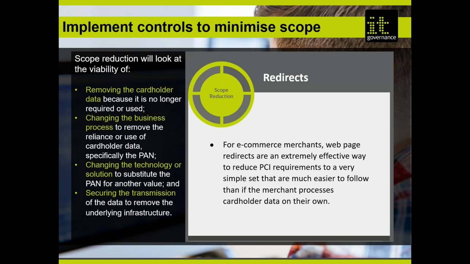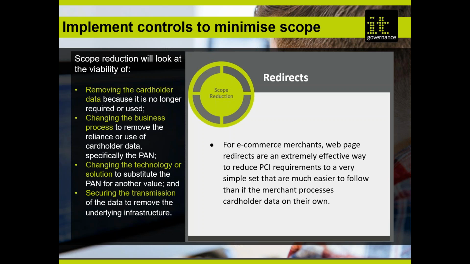One of the easiest ways for merchants to reduce the scope of their e-commerce solutions is to use the concept of redirects. This is where the web page redirects to a different service provider, and it provides a very simple approach, much easier to follow than if the merchant processes cardholder data on their own.